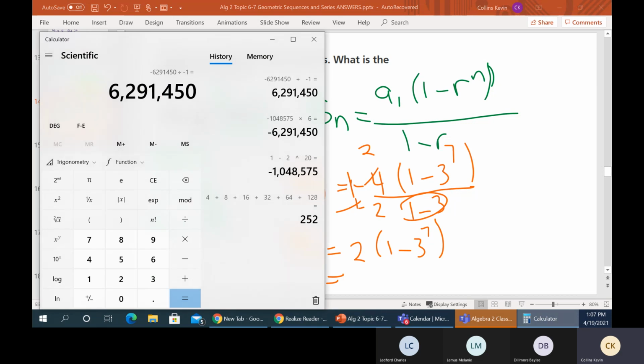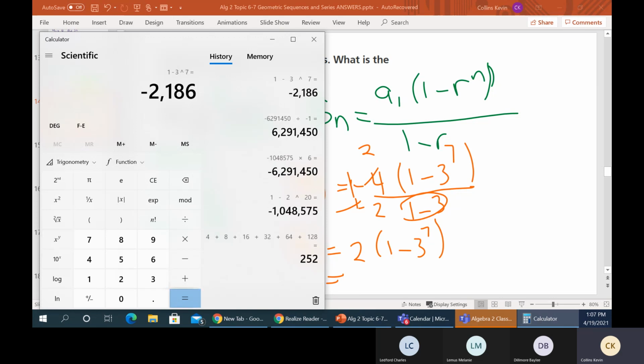All right, so we're going to clear out this big number. We're going to go 1, nope, not 11, just 1, minus 3 to the 7th power. Boom. Not really that big. That was going to be worse. And then we just take that times 2.